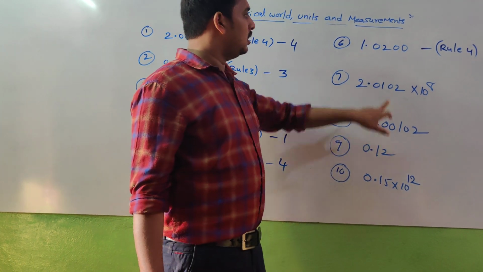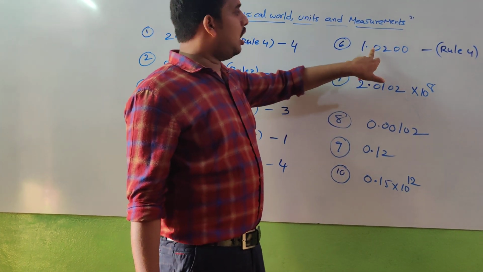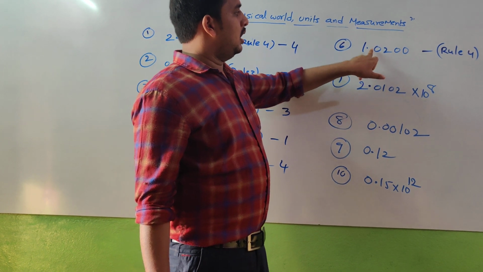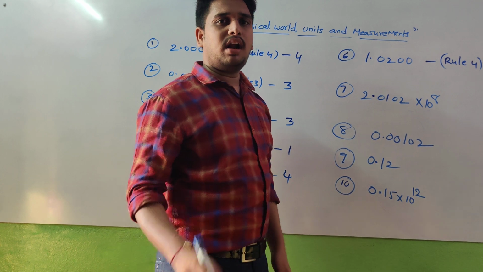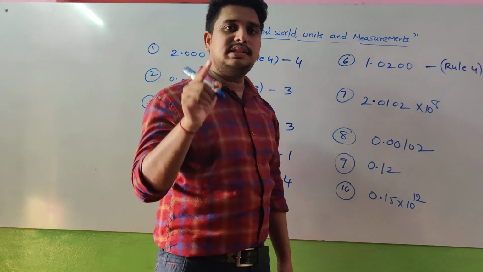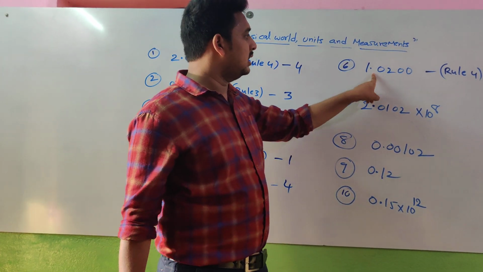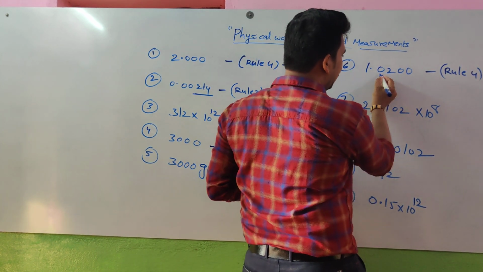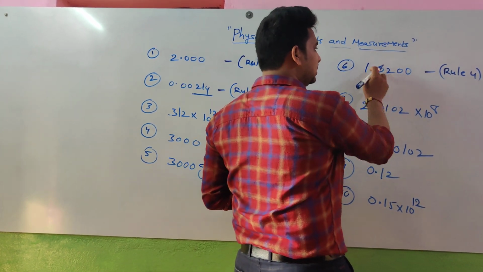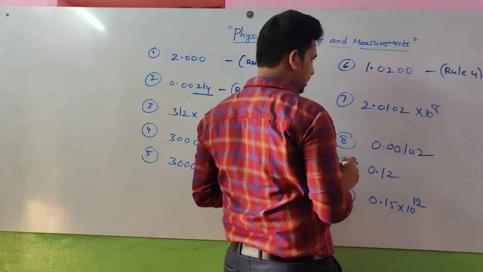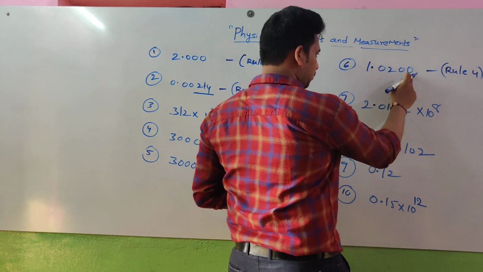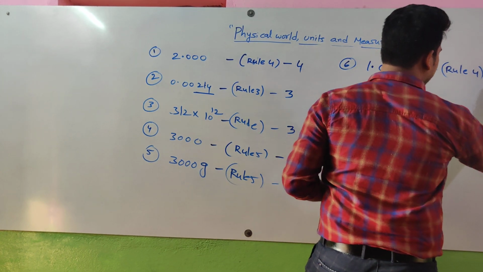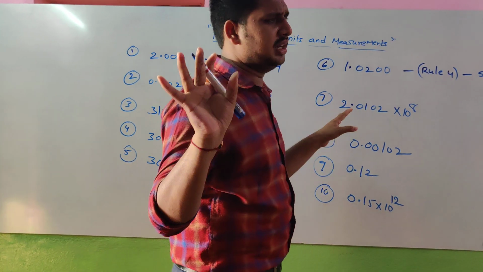At that time, all zeros on the right side of the decimal or left side of a decimal are called significant figures. Here on the right side of the decimal only one zero is there. This zero is also taken as a significant figure. That means how many significant figures here? 1, 2, 3, 4, 5. 5 significant figures. Simple logic.